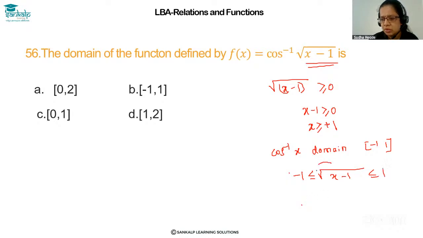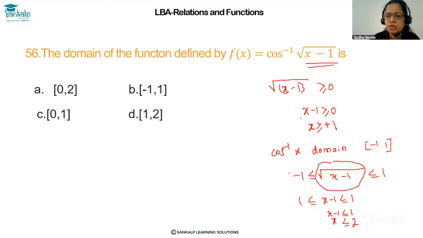To get x, you have to take the square throughout. -1 squared is 1, so 1 less than or equal to x minus 1 less than or equal to 1, since 1 squared is again 1. So x minus 1 less than or equal to 1 implies x less than or equal to 2.